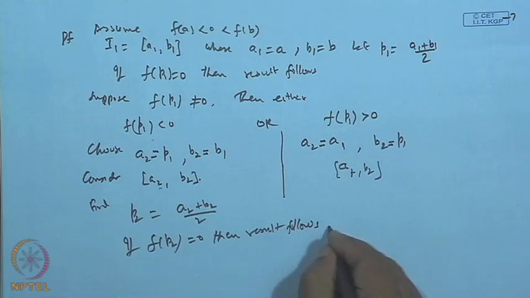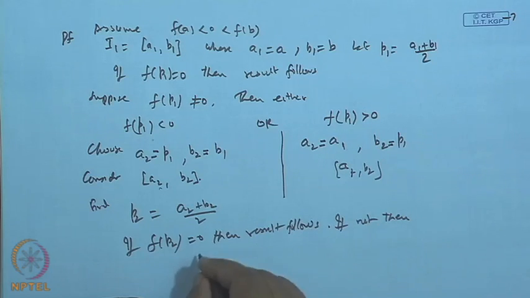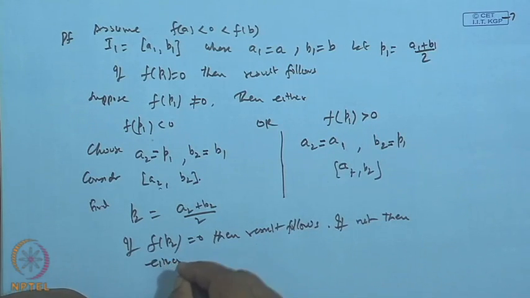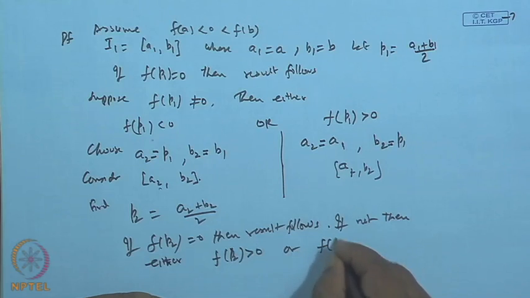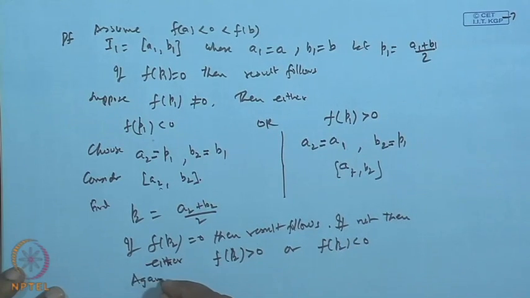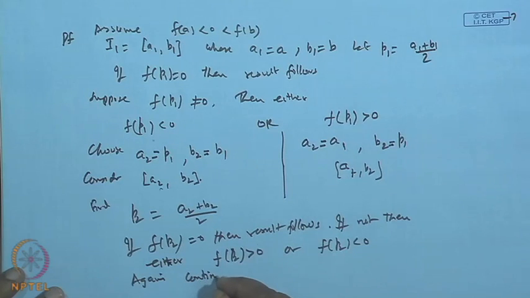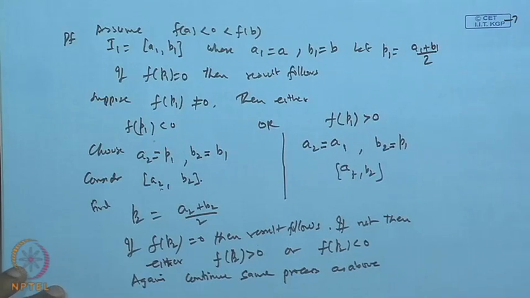If not, then again either f of p2 will be positive or f of p2 will be negative. So again continue the same process as above.